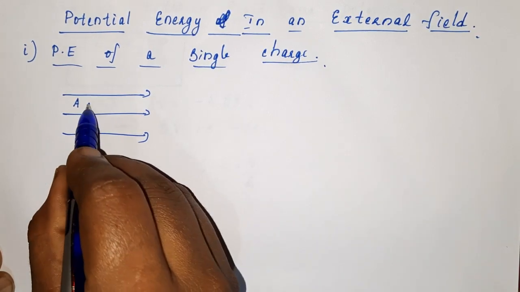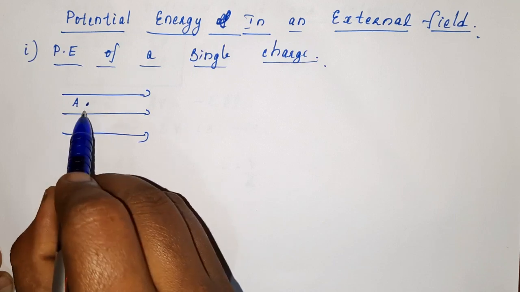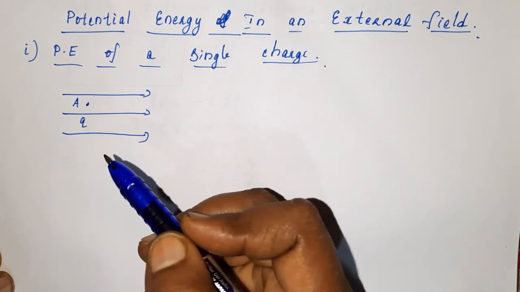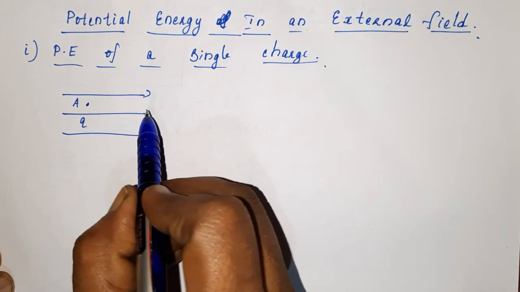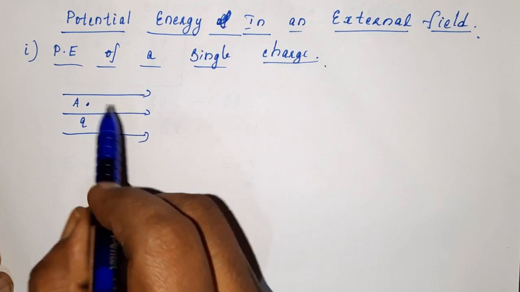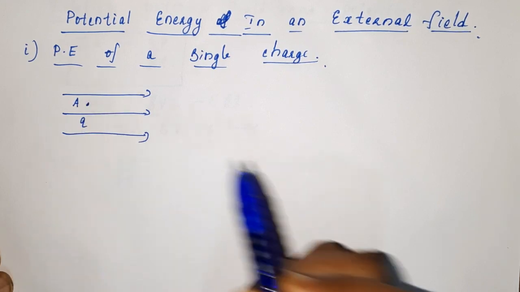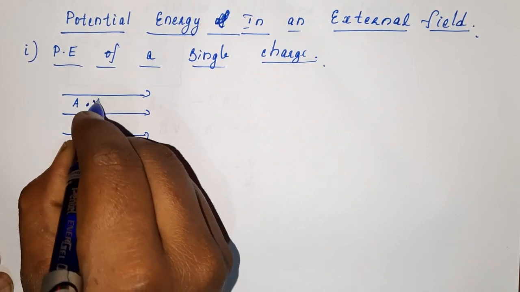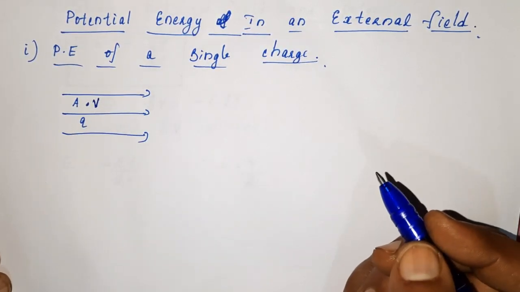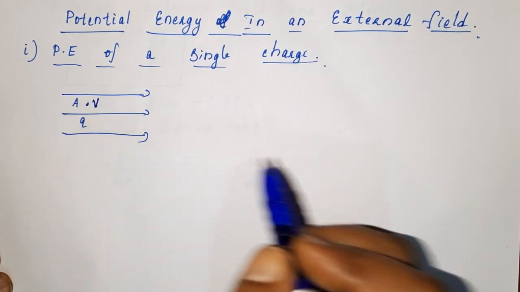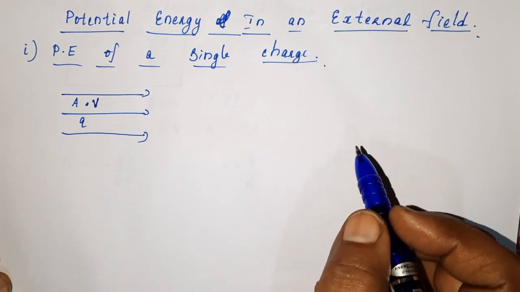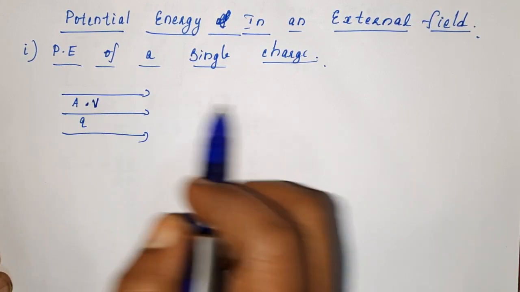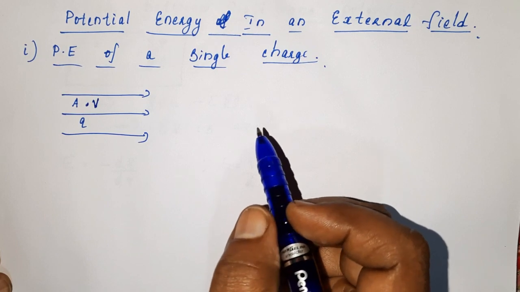So if the charge Q is kept at the point A, and if that point is in an electric field, surely there will be a potential at that point. Suppose V is the potential at that point A where Q is kept. If Q is kept at that point, what will be its potential energy?